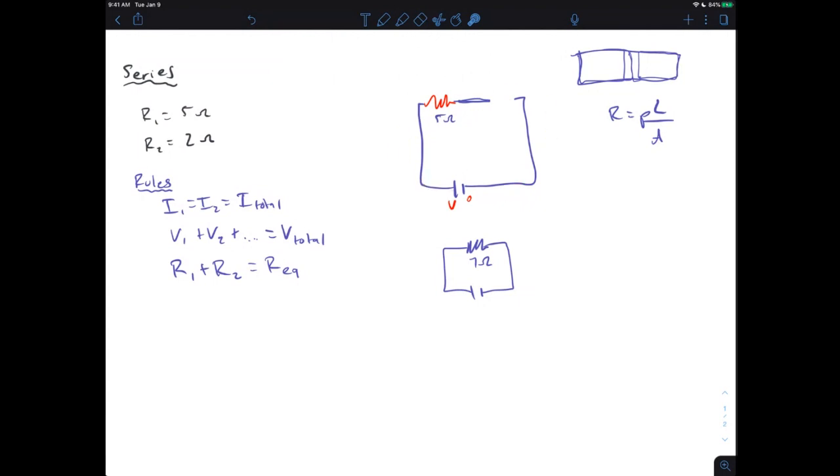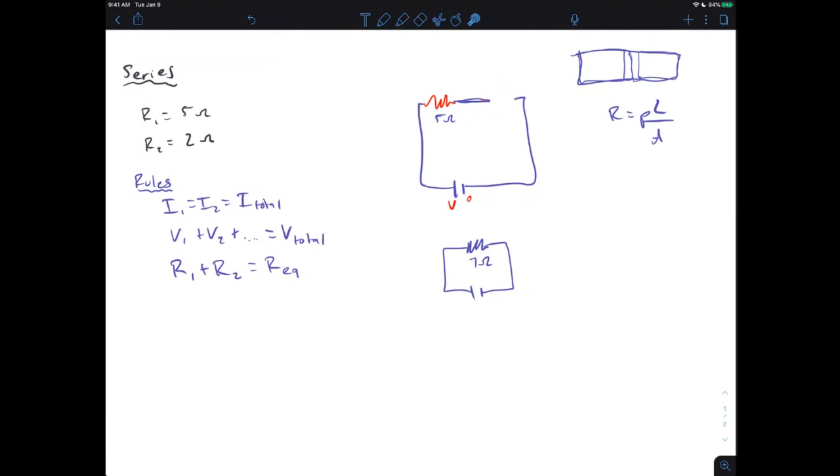Try to think about this. It can't flow, right? My current will come up through here, go through the first resistor, and then it'll stop, because now I don't have anything connecting these two ends.